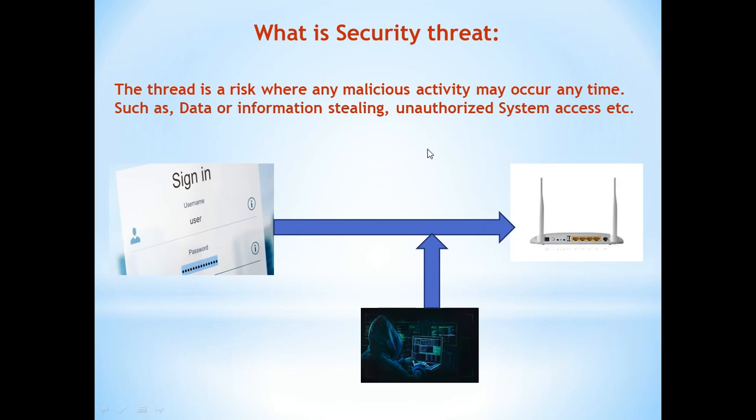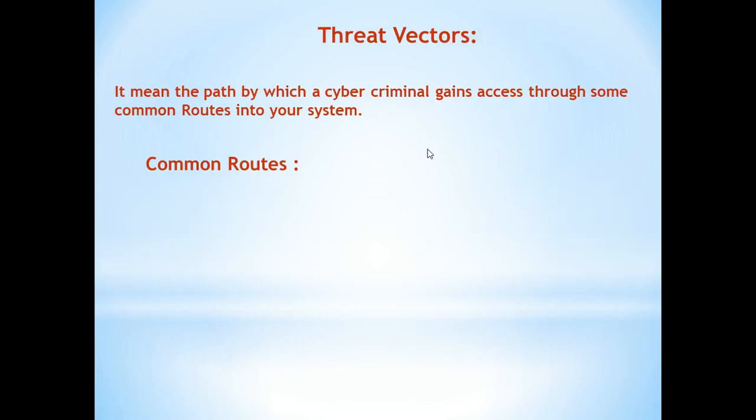So many cyber attacks are happening due to some vulnerabilities. So we will discuss more later on the vulnerabilities areas. Now, threat vectors. It means the path by which a cyber criminal gains access through some common routes into your system.